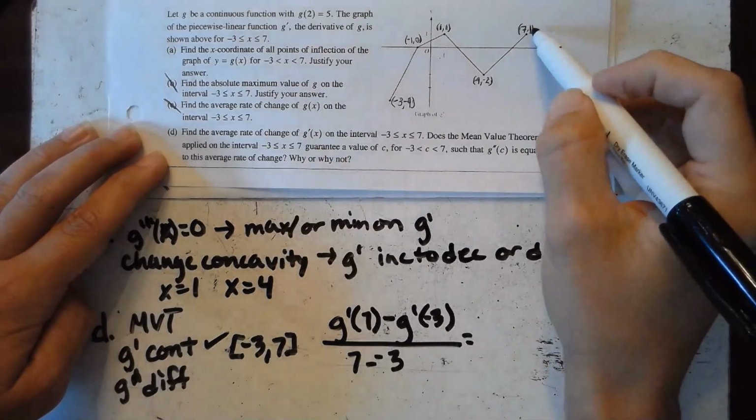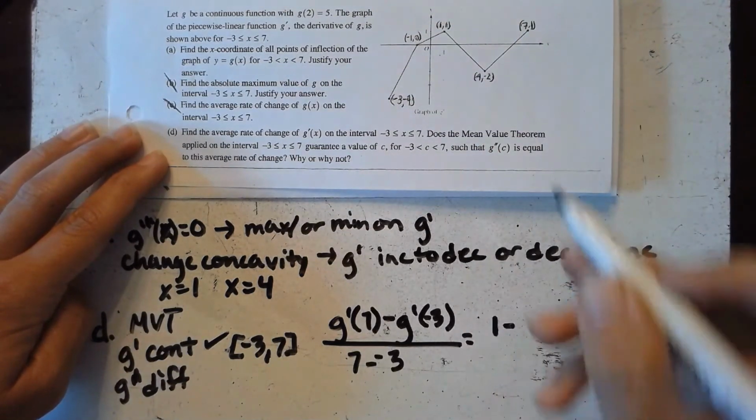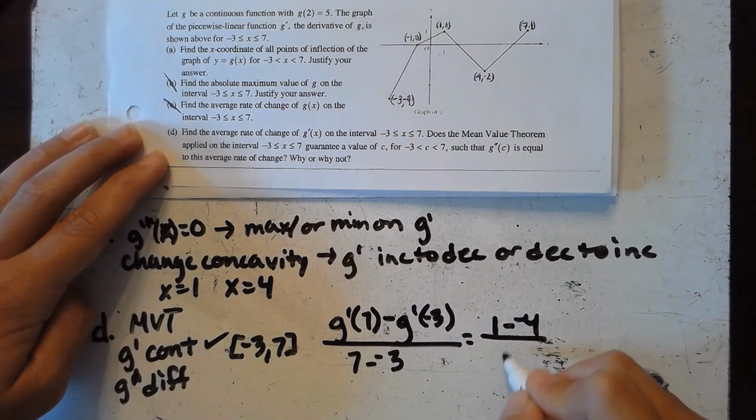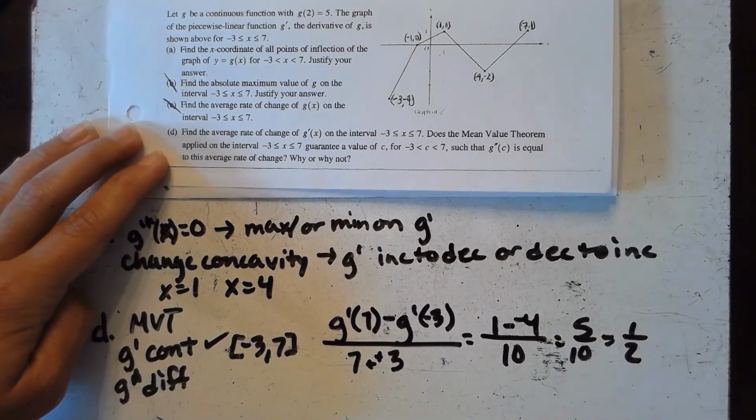G prime of 7 is 1 minus G prime of -3, which is -4, over 10. All right, so 5 over 10 equals 1/2. That means the slope equals 1/2.